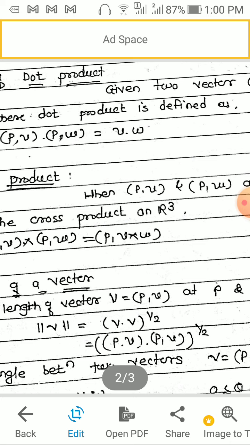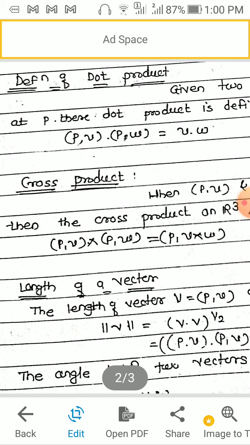As usual, it is the square root of V dot V, the dot product of the vector with itself. So it is (V dot V) raised to power 1/2. Capital V means (P, small v), so it is ((P,v) dot (P,v)) raised to power 1/2.